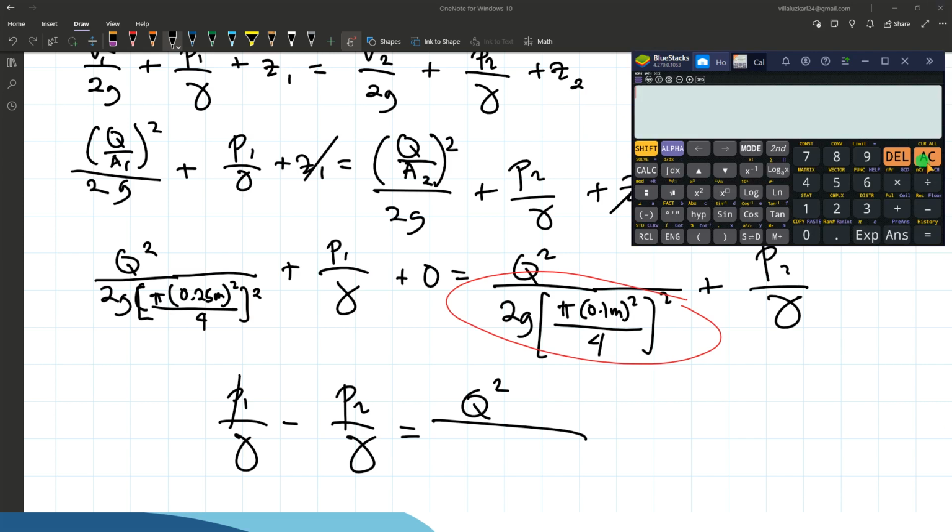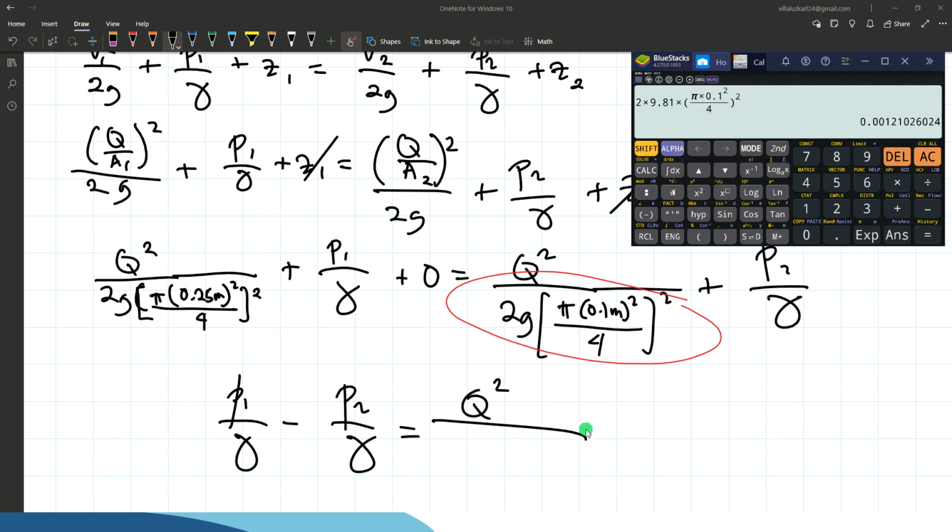So 2 times 9.81 times (pi times 0.1 squared over 4), then raised again to 2.